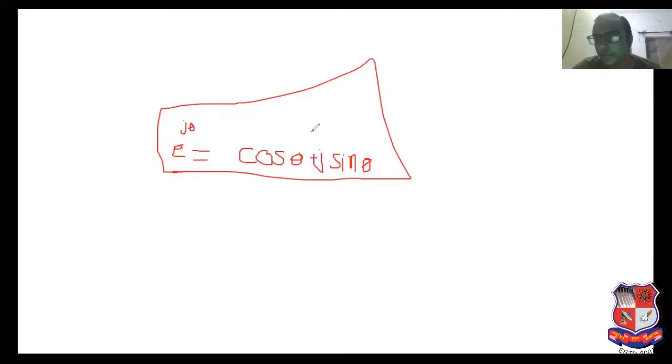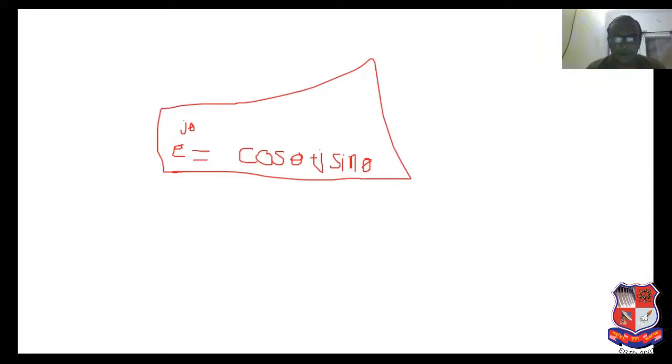So here, based on this function, put theta equal to omega 0 n. So cos omega 0 n plus j sin omega 0 n. It is the basic equation.